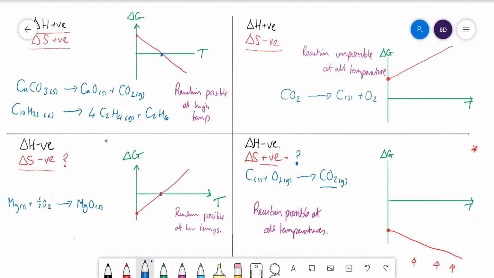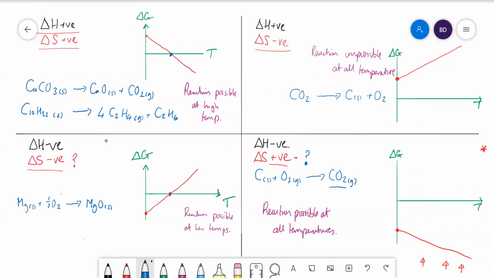We know the backward reaction is exothermic, so the forward reaction in this direction must be endothermic. In the backward reaction you get an increase in entropy, so the forward reaction must be a decrease. So that would be a sort of theoretical possibility. Of course, that can't happen, so I'll put a big red cross there. That reaction never happens.